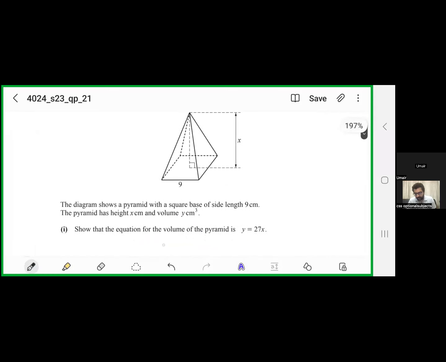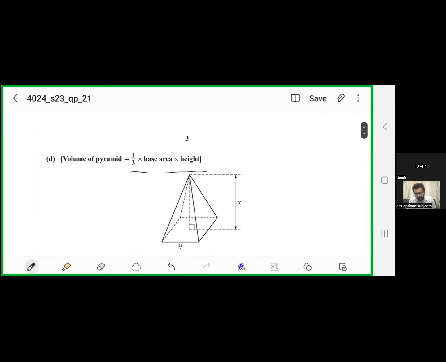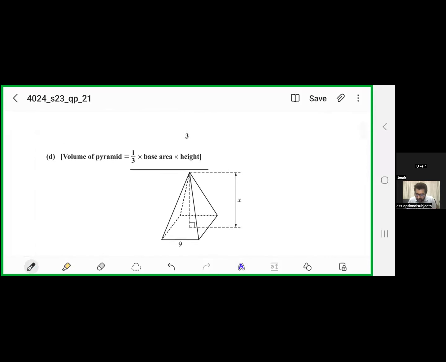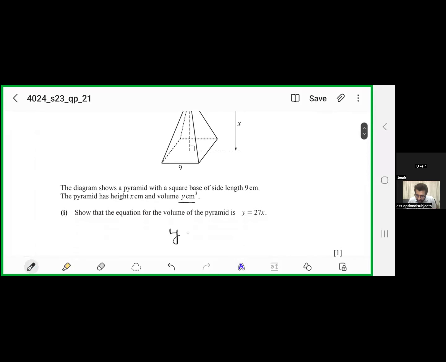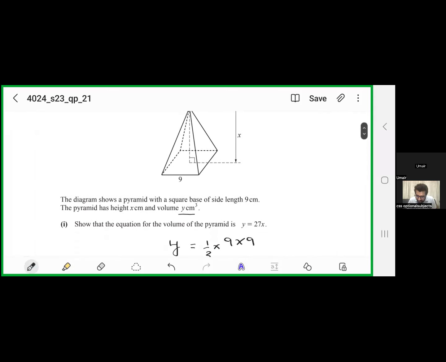As we know, the volume of pyramid is 1 by 3 base area into height. So volume is represented by y. So volume, which is y, is equal to 1 by 3 base area. Base area is 9 times 9 because the base is a square whose dimensions are 9 by 9.